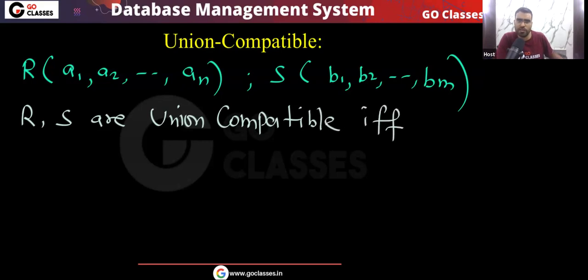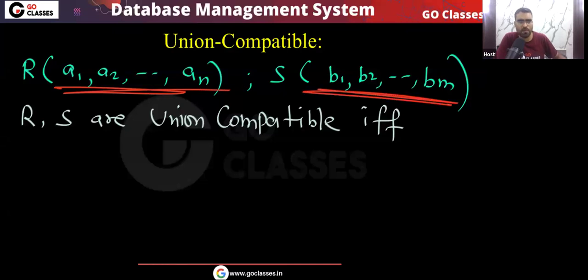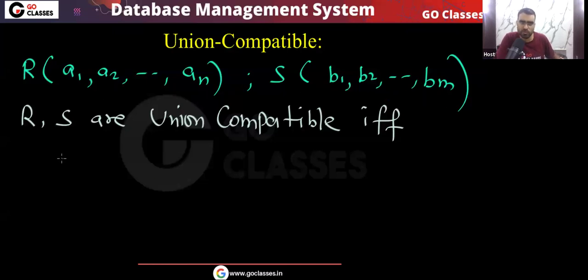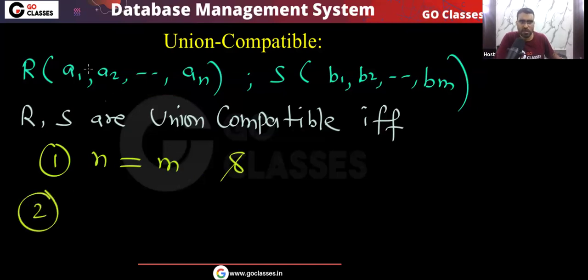They are union compatible if and only if this condition holds: first of all, the number of attributes must be the same, meaning n should be equal to m. And the corresponding domains must be the same.